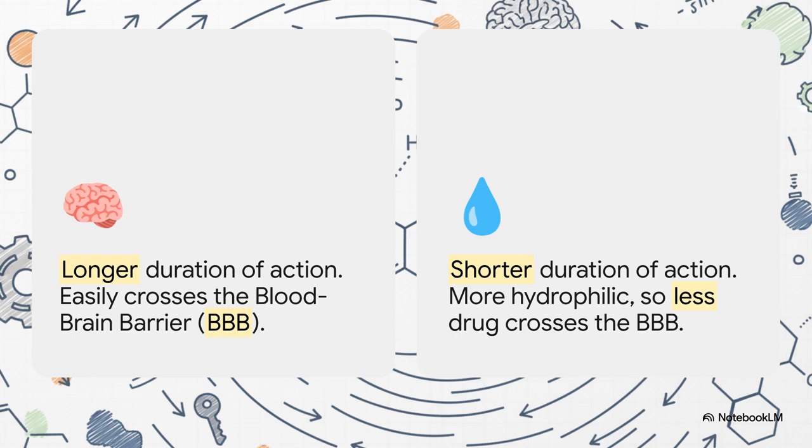That's an oxygen and a hydrogen atom at a very specific spot. And everything changes. The drug becomes more hydrophilic, which literally just means water-loving. And because our brain is protected by a fatty barrier, this new water-loving molecule has a much harder time getting across. The result? A much shorter, faster-acting drug. It's incredible. One single atom completely changes how the drug works in your body.